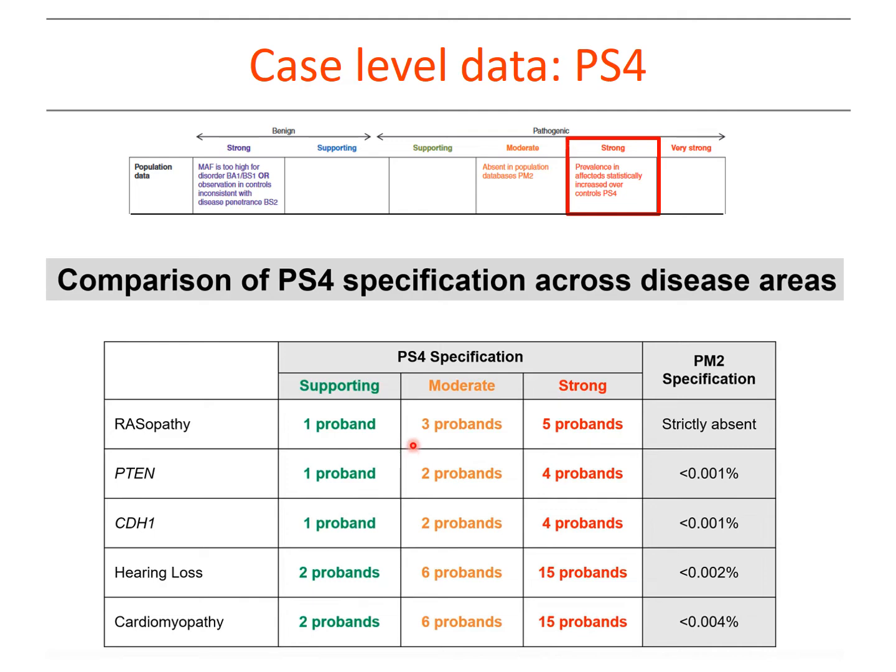You can see here that, for example, for very rare diseases, you need 5 probands for strong, but for recessive cardiomyopathy, you need 15 unrelated probands for a strong evidence code. And most importantly, the variant must, of course, be rare enough. So PM2 must also apply to use PS4. If the variant is common, then you cannot use PS4.